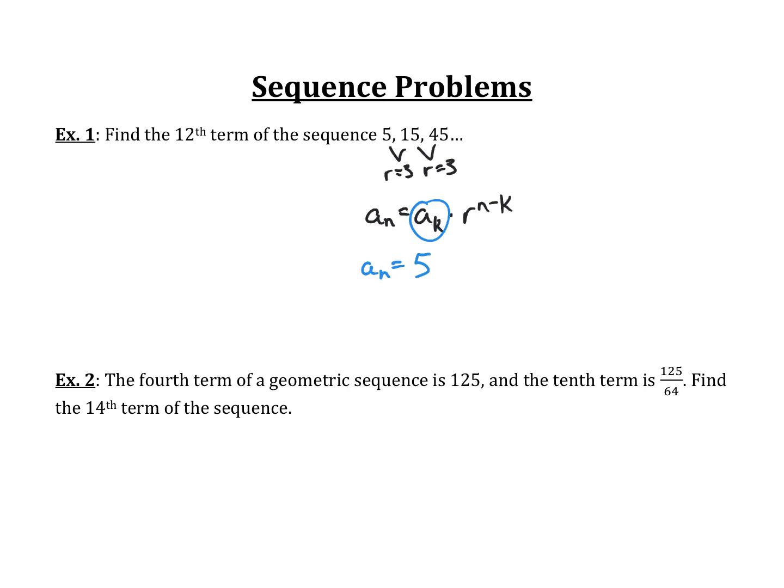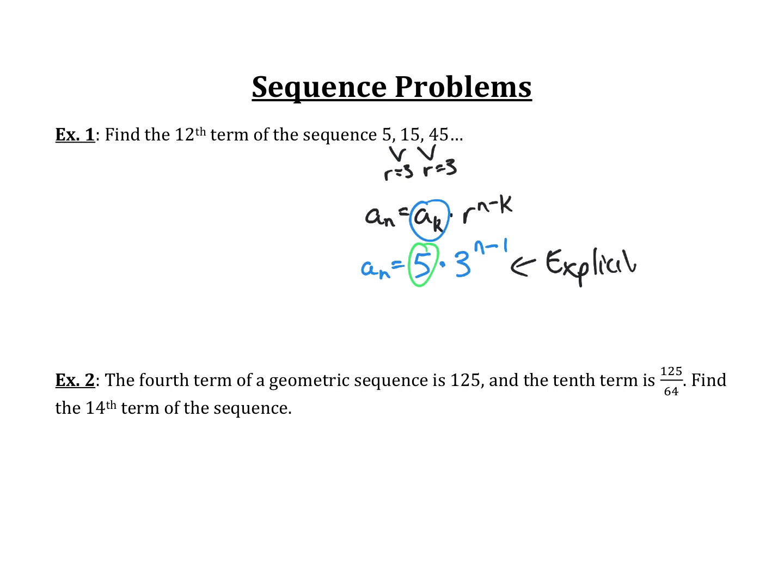Equals 5 times my r value, which in this case is 3, raised to the n, my variable, and then I'm going to subtract out the place of this term I put in here. 5 is the first term, so I'm going to subtract 1. Now notice I'm not subtracting 5, I'm not subtracting the value of the term, I'm subtracting the place of the term. So what I have listed here is my explicit formula.